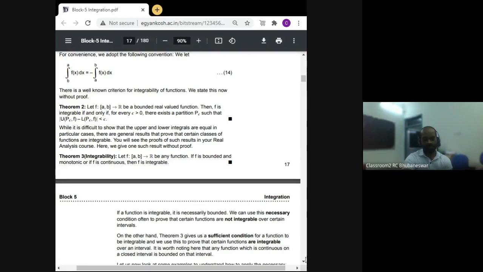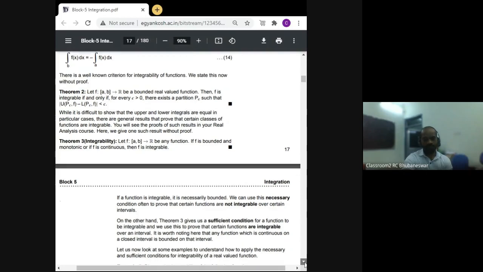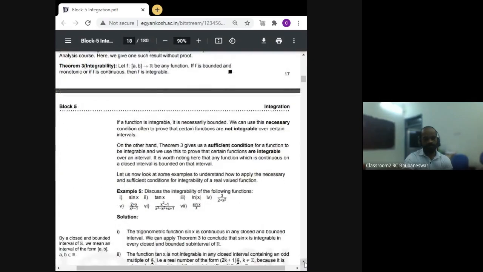So this is the condition for the function to be integrable; it is a sufficient condition here, but it cannot be a necessary condition.